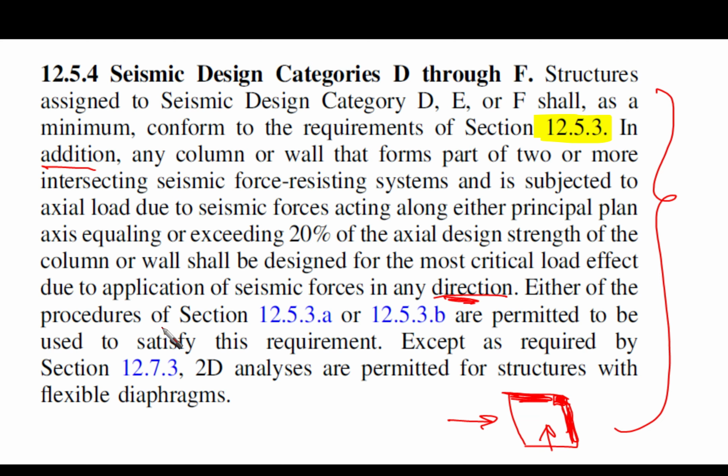Either of the procedures, section 12.5.3 A and B, the previous one, is permitted to be used to satisfy this requirement.